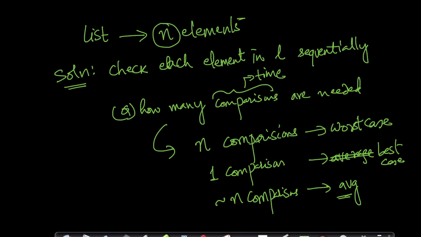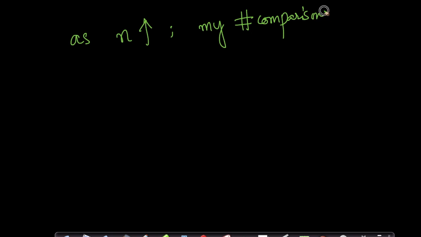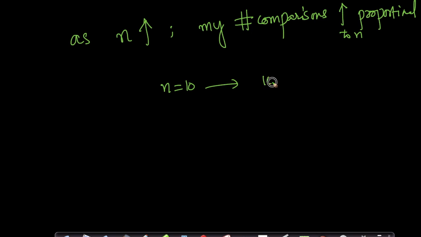Now look at it. As n increases, my number of comparisons also increases proportional to n, right? Imagine if n was 10, my number of comparisons is 10.